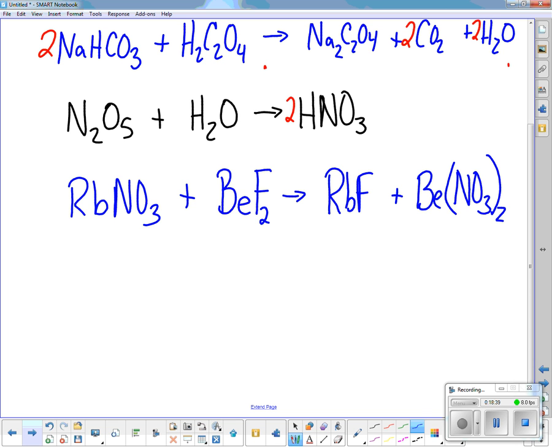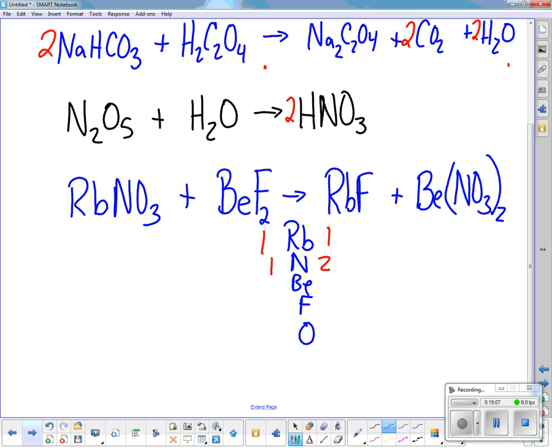Okay, so down the center, Rb, N, Be, F, O. This is double, right? So compound, compound, new compound, new compound. Double displacement, DD. Okay, going side to side. 1 rubidium, 1 rubidium. 1 nitrogen, 2 nitrogens.